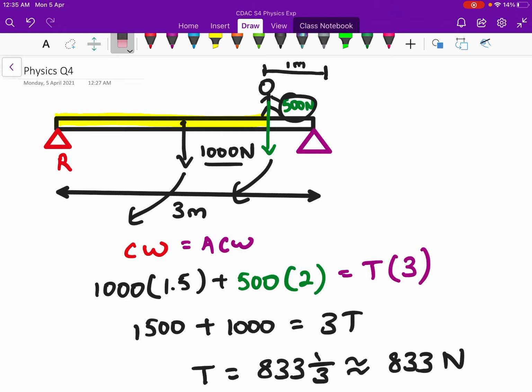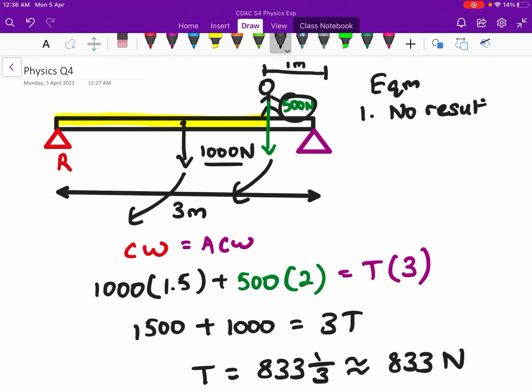Looking at this diagram, the whole thing is in equilibrium. In physics, when we talk about equilibrium, it must fulfill two criteria. The first is that there should be no resultant force.